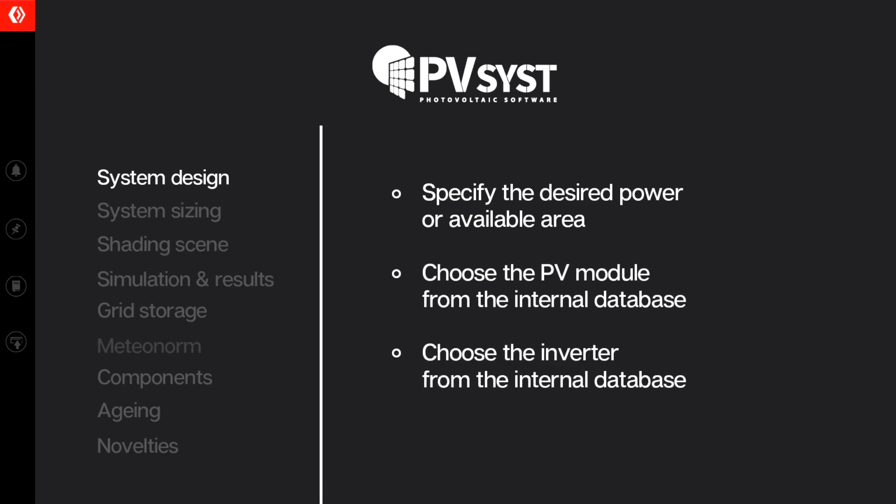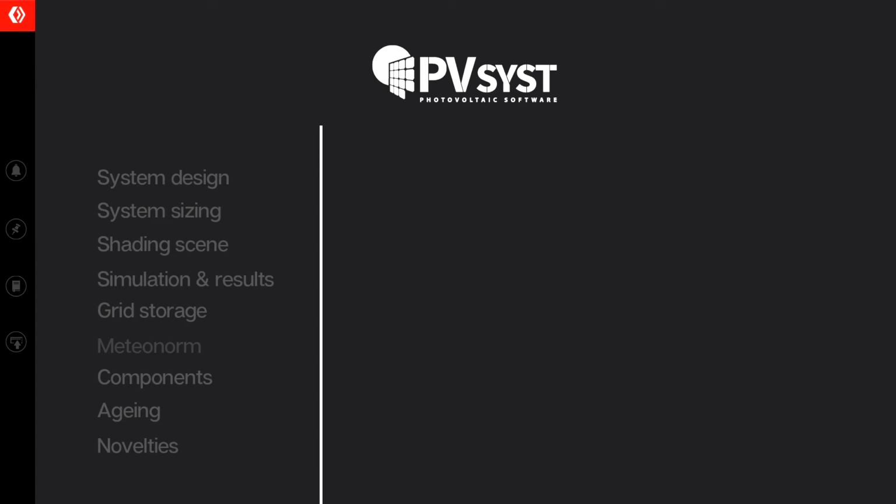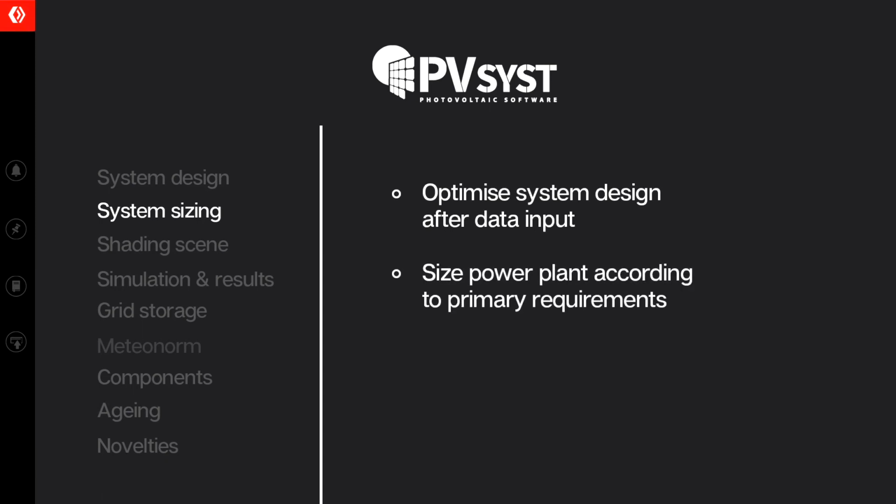Based on our selection, PVSyst will prompt us for string sizes and so on. The next thing is system sizing. In this, PVSyst allows us to optimize the system design that we did in the previous section of system design and optimize our system a bit further.